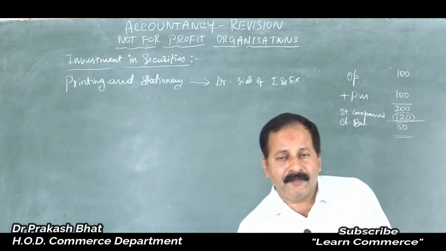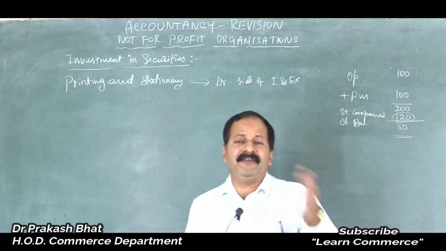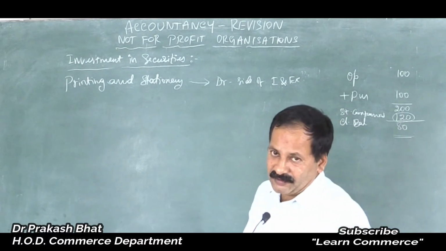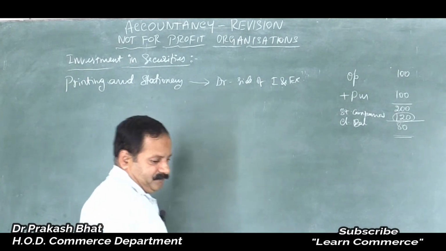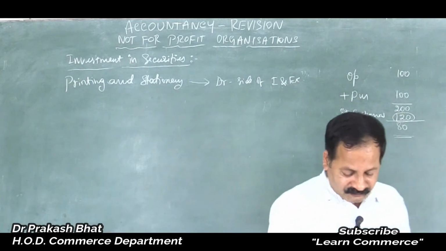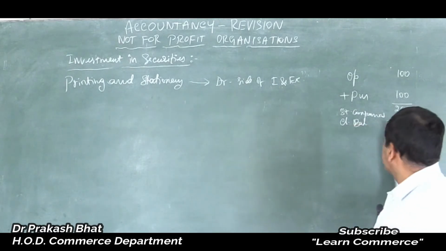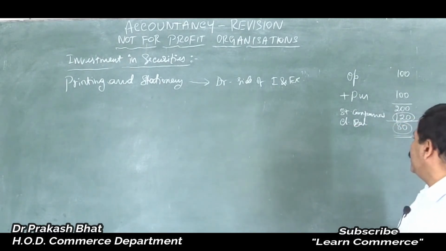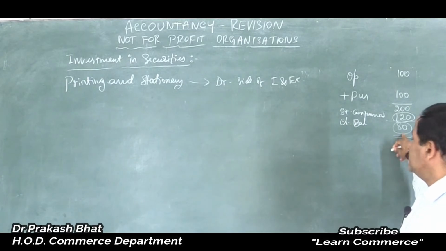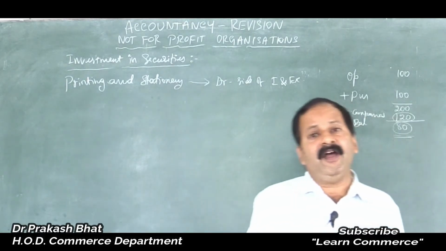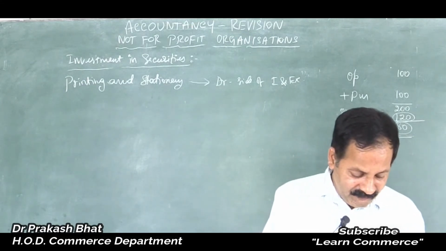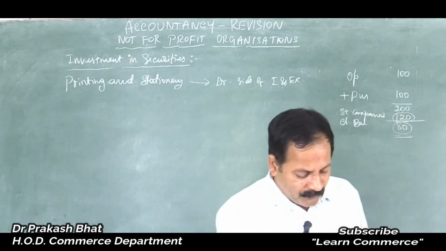You should enter it on the expenditure side, which is the debit side of income and expenditure account. Clear? Yes. Then this balance of rupees 80 should be shown in the balance sheet as stock of stationery at the end. Now let us move on.